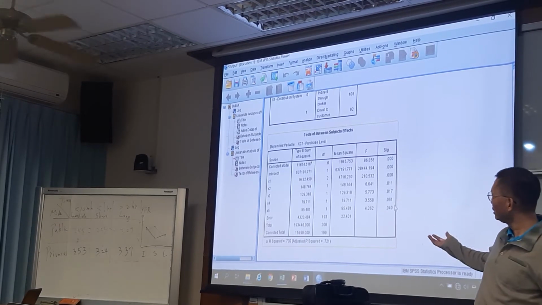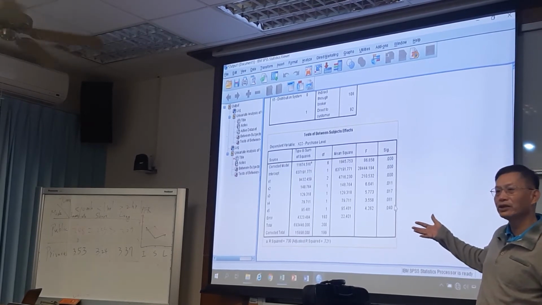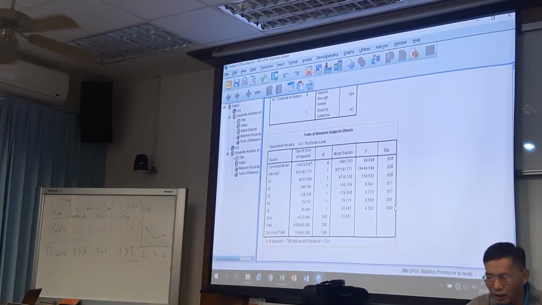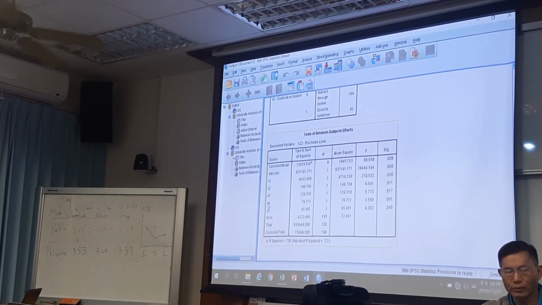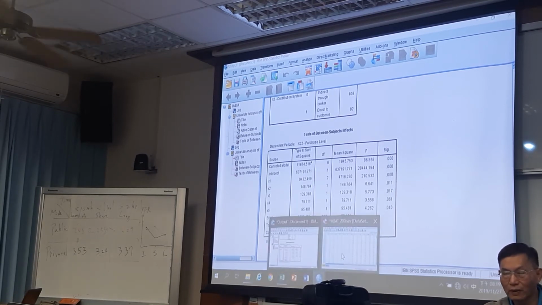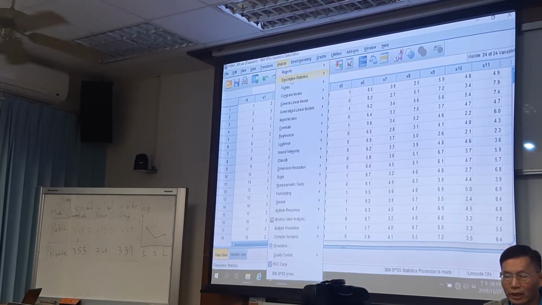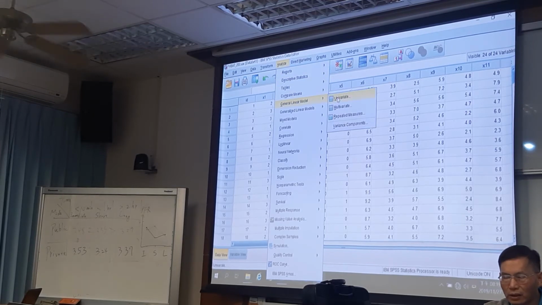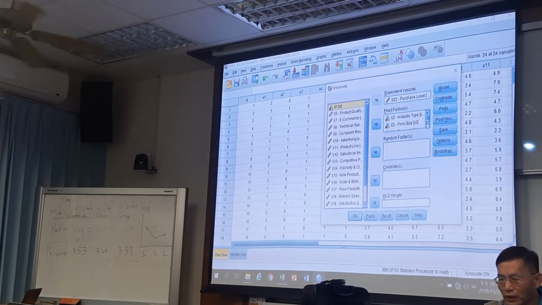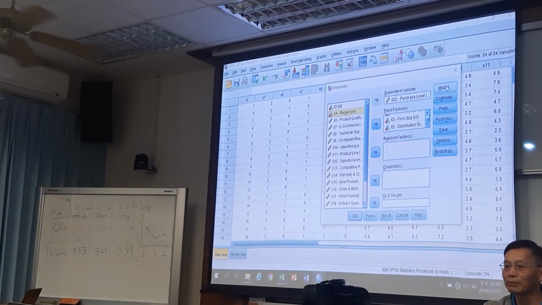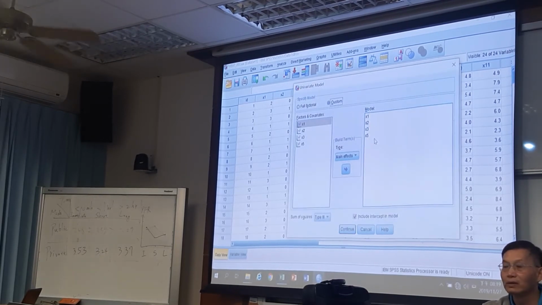Can you study the higher interaction? If I were you, I would take X4 out of the model, because X4 is not significant. So now what model do we have? 4-way instead of 5-way.